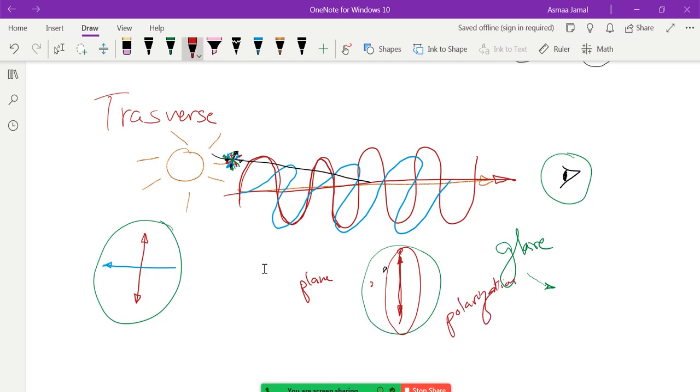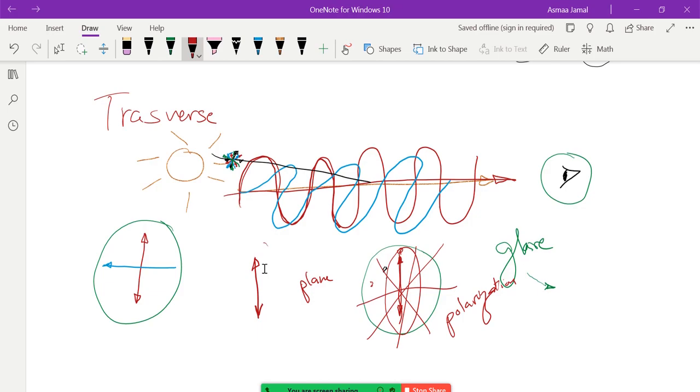So polarization, or polarized light waves, are light waves in which the vibration occurs in a single plane only. Instead of all those planes, you can polarize it into one plane only.